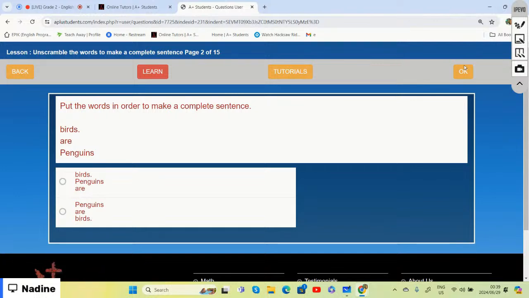We need to put the words in order to make a complete sentence. We say birds are penguins. So birds are penguins. We need to put that in order to make a complete sentence. Is it option one that says birds, penguins are, or option two, penguins are birds?